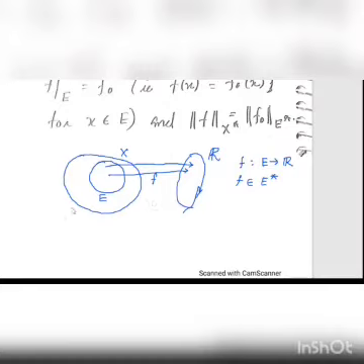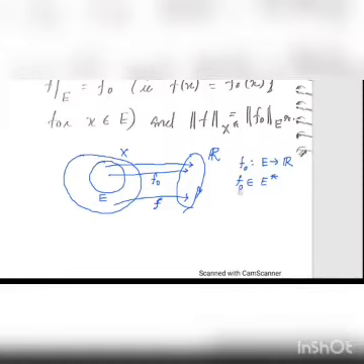Now I can extend this f belonging to E star to a capital F from X to R. Here we have denoted it as f naught, and this is going to be a small f itself. So we have f naught from E to R, that means f naught belongs to E star.